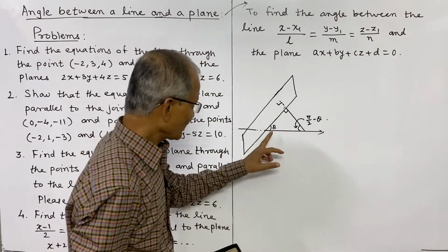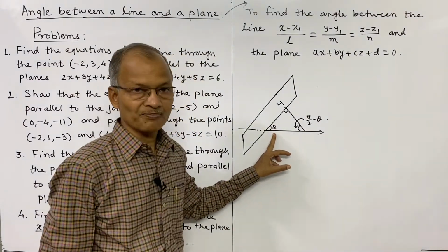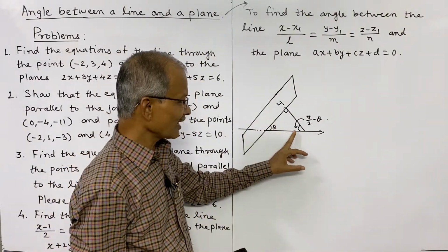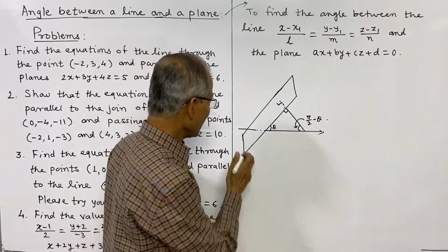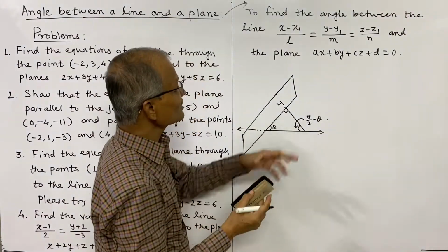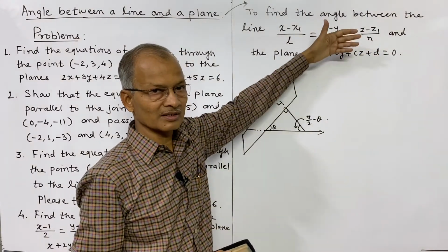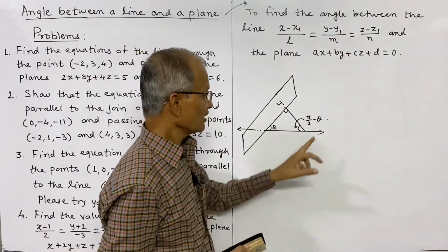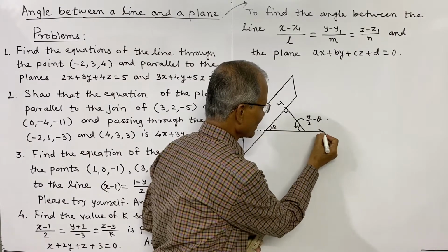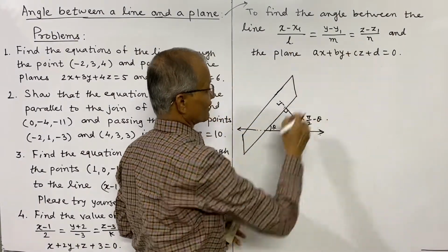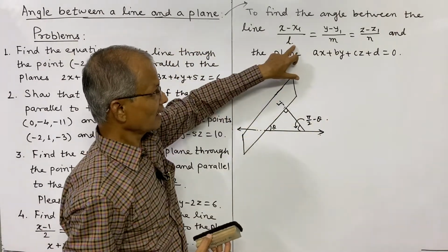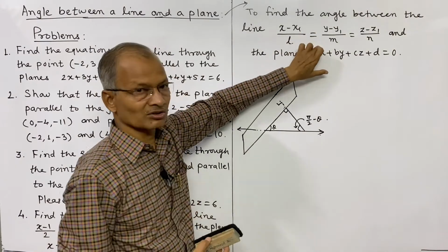Why do we want this angle, and why have we written it? Because this is the line whose DRS in general we shall consider, not DCS, that is direction ratios. The direction ratios of the line are given as L, M, N from the equation of the line.